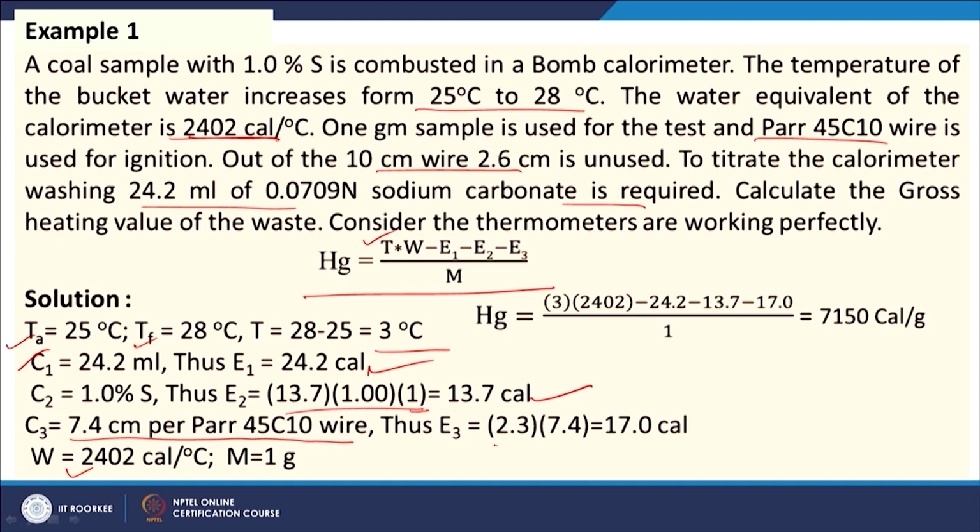So E3 will be 2.3 into 7.4, or 17.0 calorie. We subtract these from the T into W: 3 into 2402 minus 24.2, that is E1, minus 13.7, E2, minus 17, E3. So we are getting 7150 calorie per gram. This way we can measure the heating value.